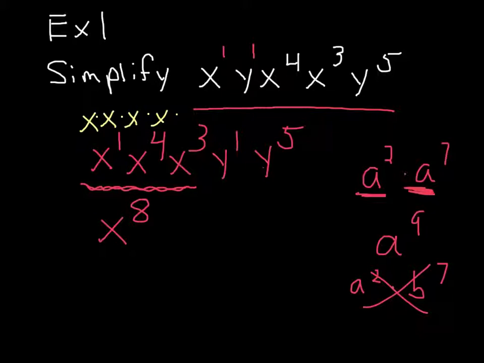I'm going to have 8 of them, or x to the 8th. Now how many y's do I have? When you multiply the powers, you add the exponents. So 5 plus 1, I have 6 of them. So I've simplified this, and my answer is x to the 8th, y to the 6th.